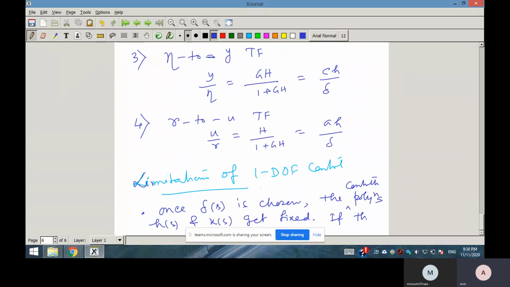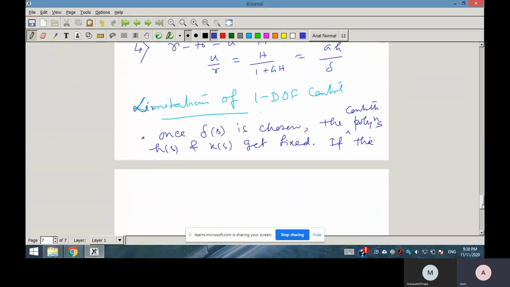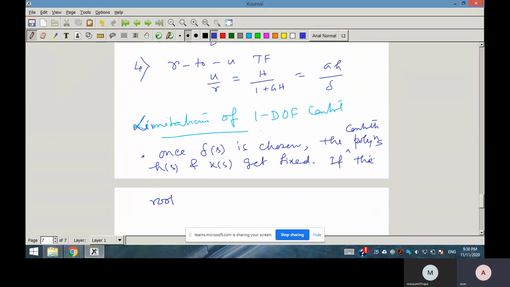If the roots of these polynomials are close to the imaginary axis, close to the j omega axis, then the following may occur.